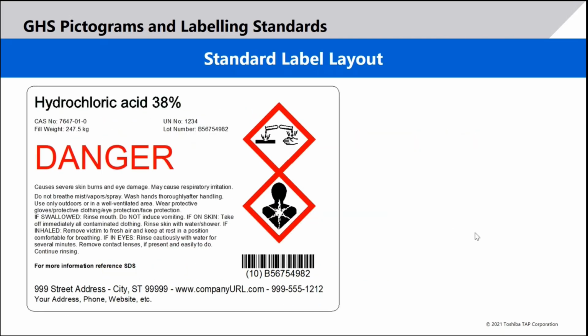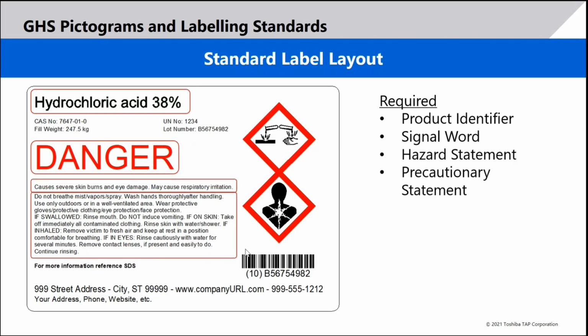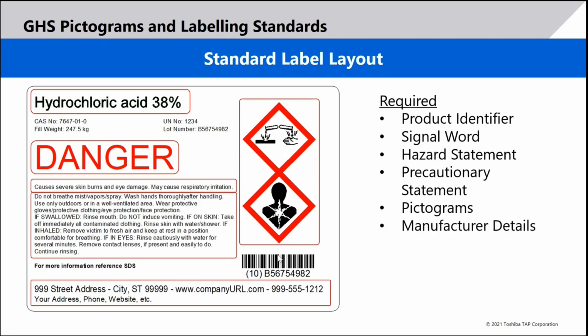So here we have a typical GHS compliant label. Some of the requirements are a product identifier, a signal word consistent with the hazardous chemical's classification, hazard or precautionary statements consistent with the hazardous chemical's classification, pictograms consistent with the hazardous chemical's classification, and manufacturer or importer details.